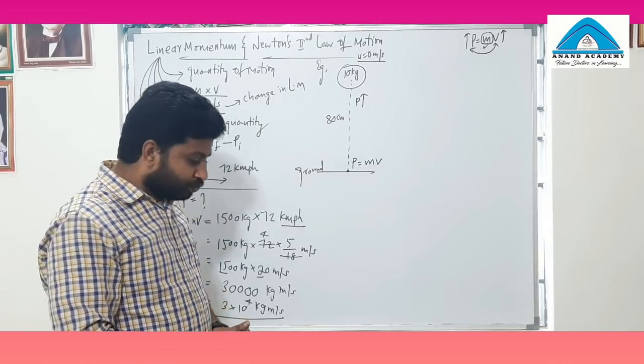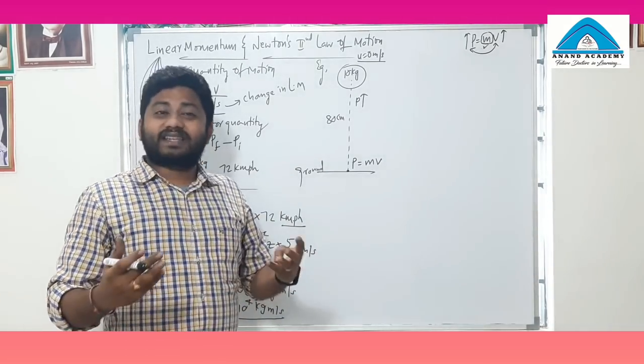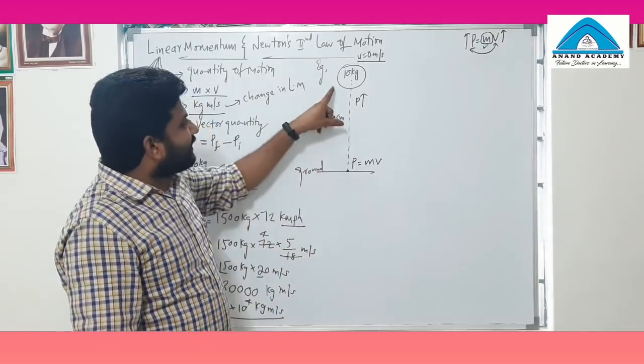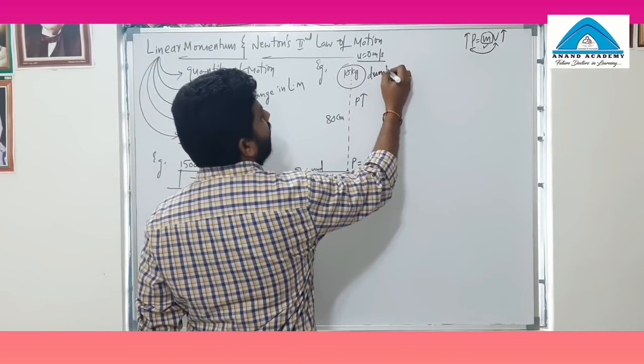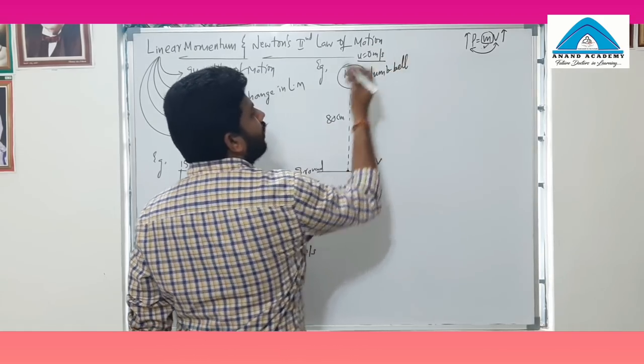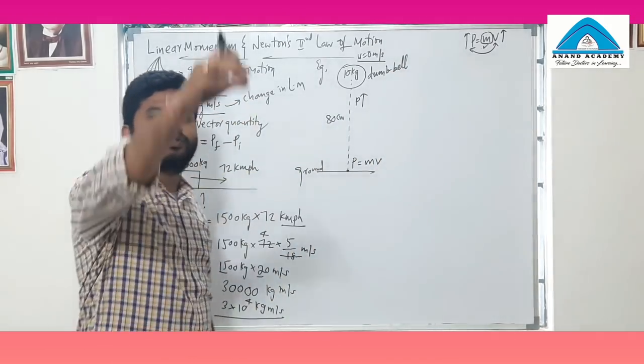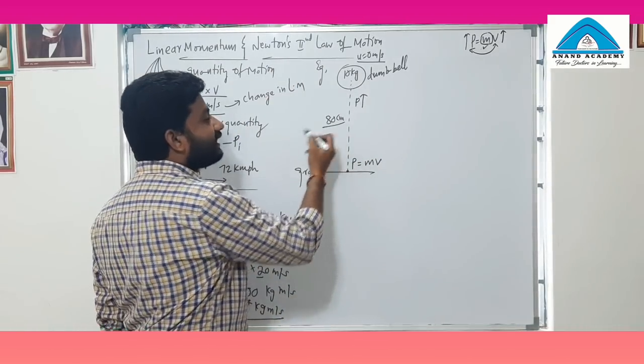Okay. Now, what is the point we are going to discuss? The question is, there is a dumbbell. For example, this is not a ball, this is the dumbbell. There is a dumbbell of mass 10 kg, which is dropped from a height of 80 centimeters.